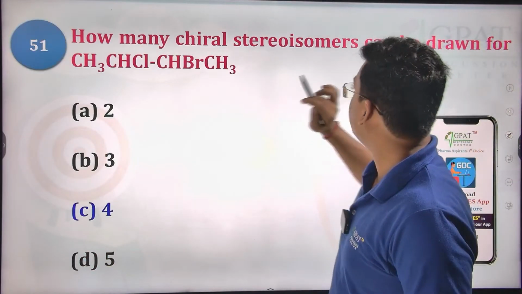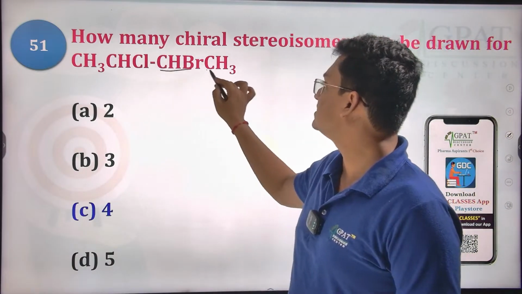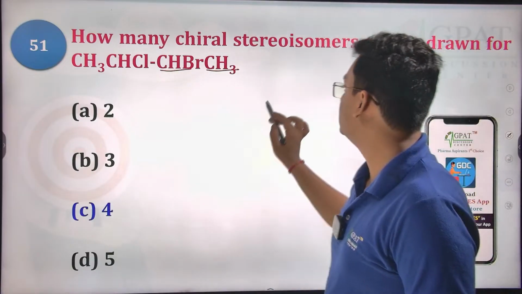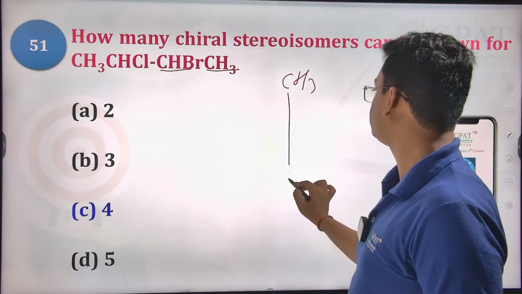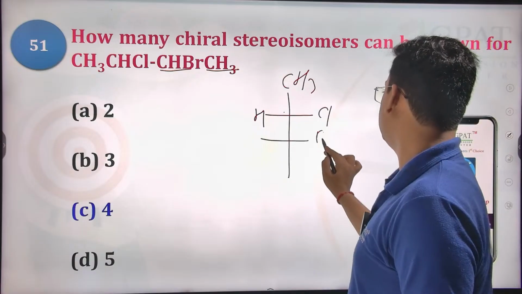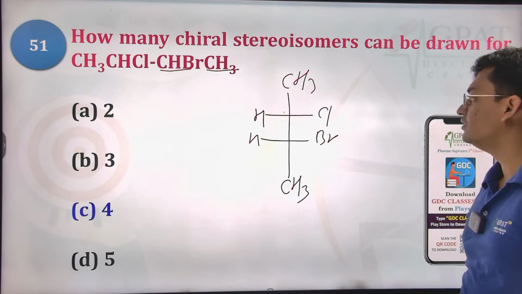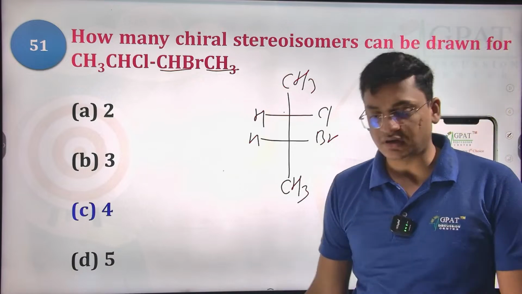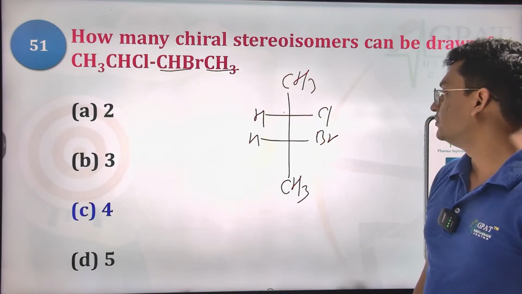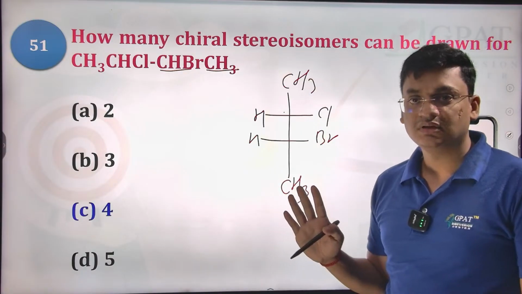How many chiral stereoisomers can be drawn for CH3CHClCHBrCH3? We are having CH3, CHCl, CHBr and CH3. Since we do not have any kind of symmetry present here, the possibility of the meso form of this structure is never possible.